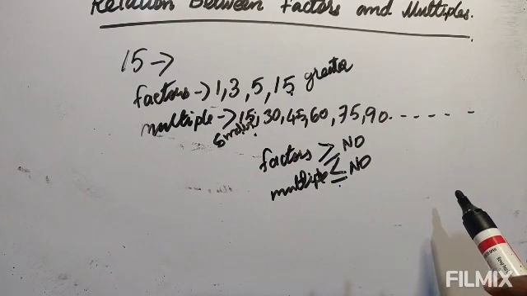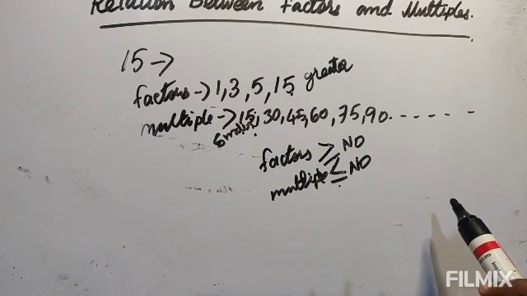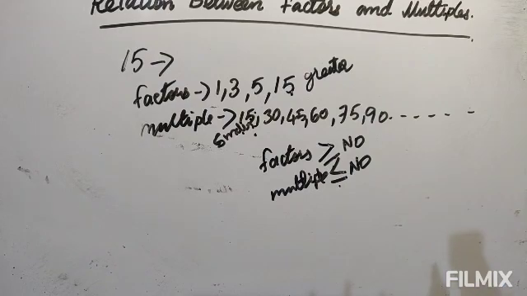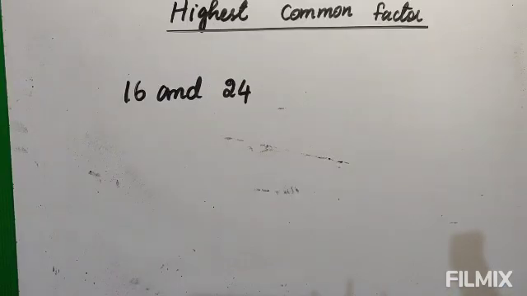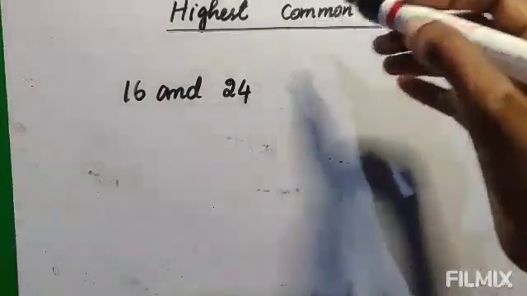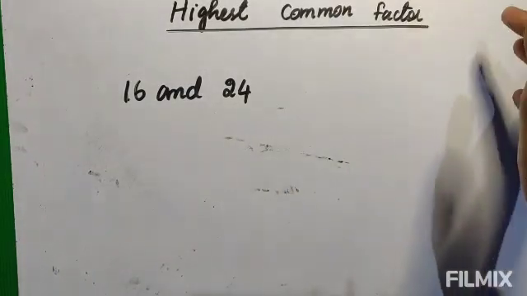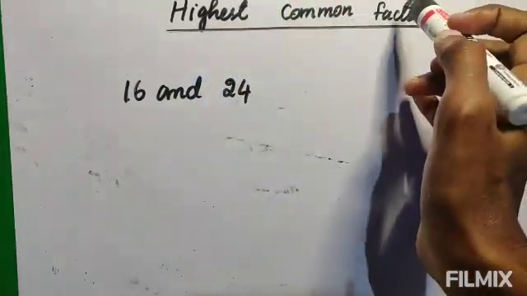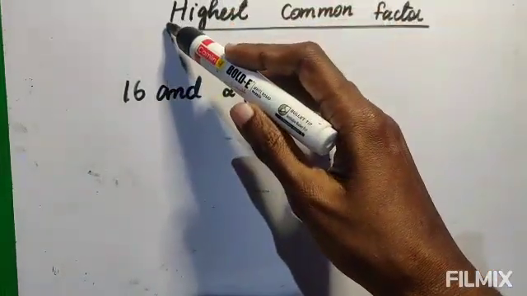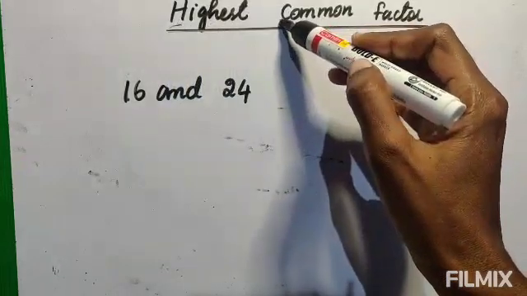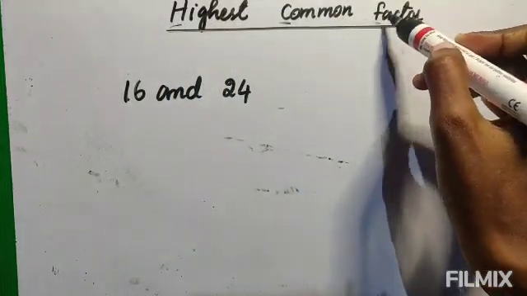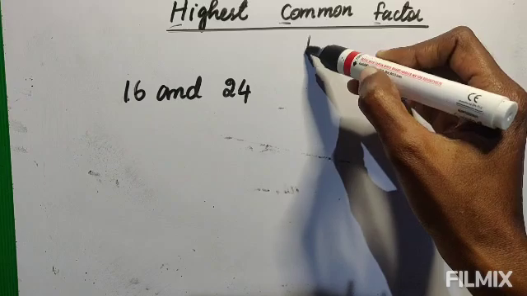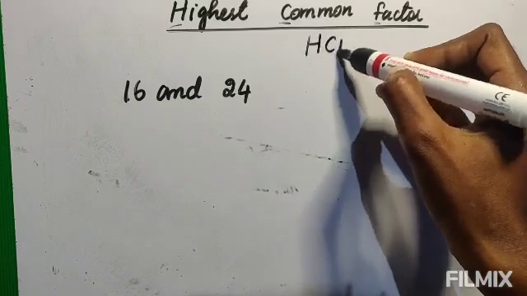Now let's learn the common factor and the highest common factor. You see here least common multiple, that is LCM, and here highest common factor. Highest, first letter is H, common first letter is C, and factor first letter is F, so it is HCF.